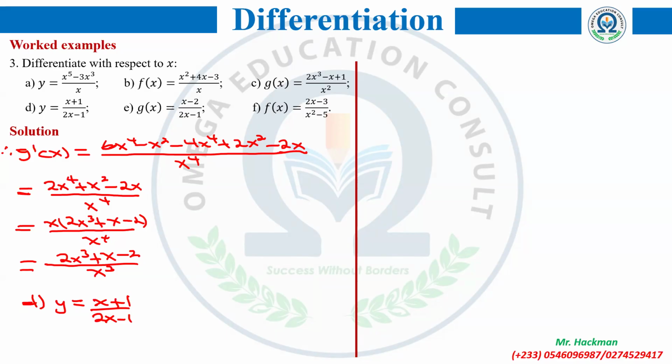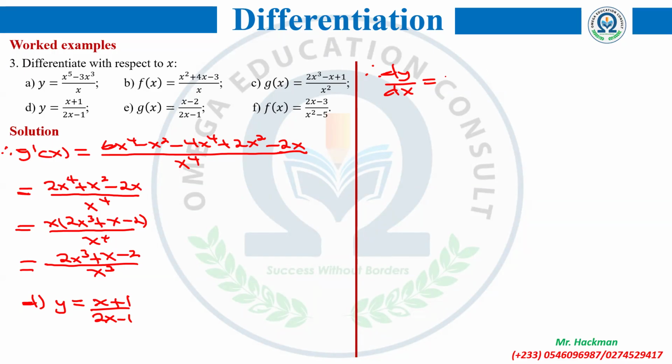Per the quotient rule here, we are going to differentiate straight away because we can't work on this function. Because we've been given y and we are asked to differentiate with respect to x, we take d/dx of both sides. d/dx of y gives us dy/dx. So I'll write, therefore, dy/dx will be equal to d/dx of this side.